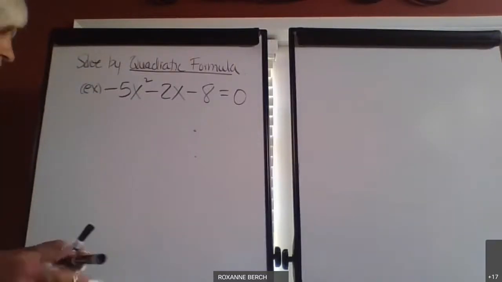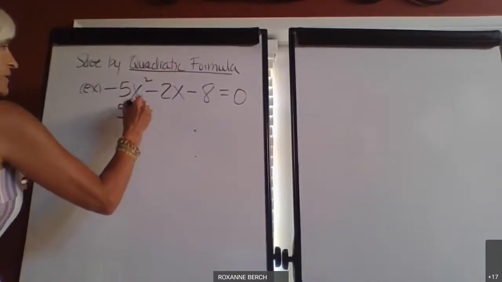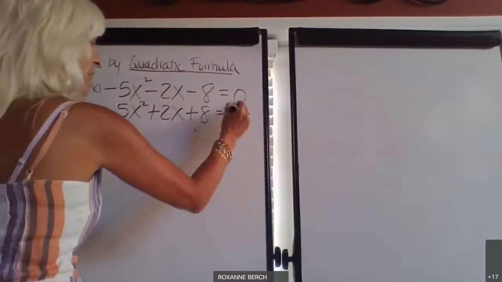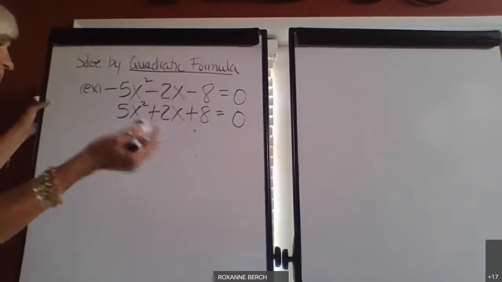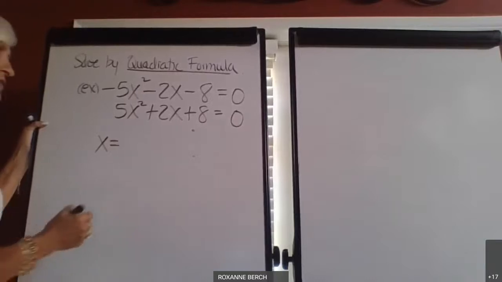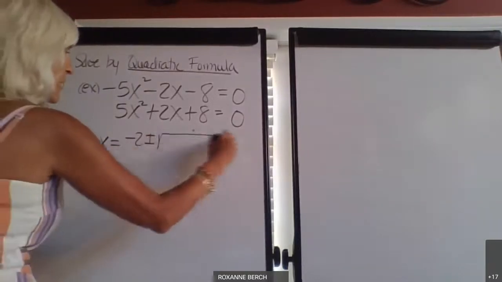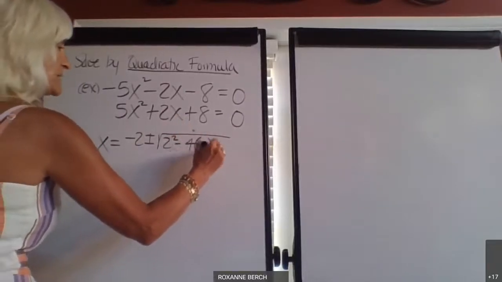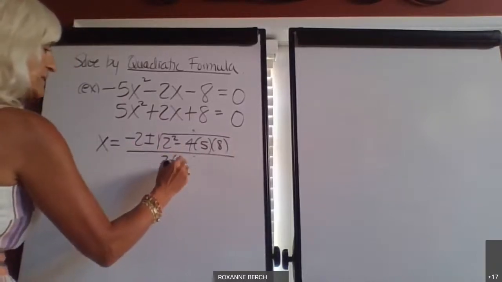Yeah, sometimes just look at my notes. So multiply by a -1, multiply by a -1, multiply by a -1, and multiply by a -1 is 0. So your a, b, and c are positive. And you were probably singing this song all day yesterday. x is equal to -b plus or minus the square root of b squared minus 4 times a times c, all divided by 2 times a.